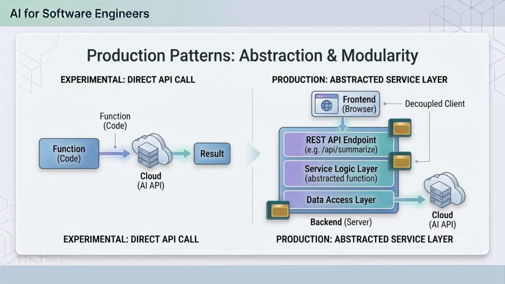Now, your system is modular, and your front end actually doesn't care about the API provider. So your front end still works exactly the way it normally would. But this is exactly how companies are integrating AI today.